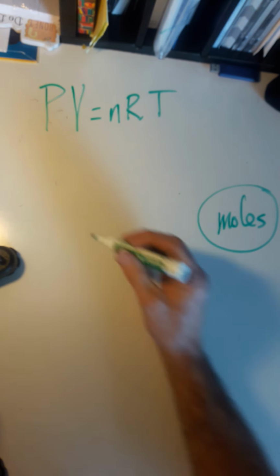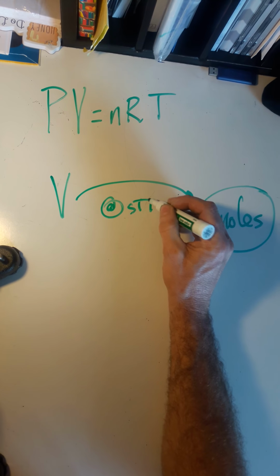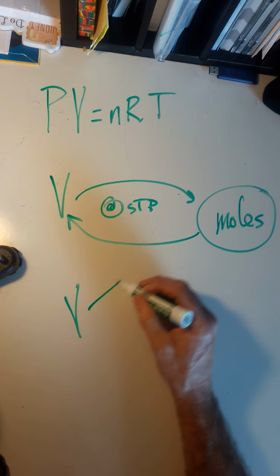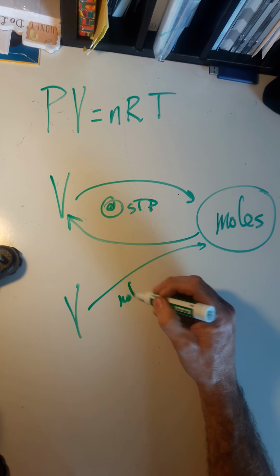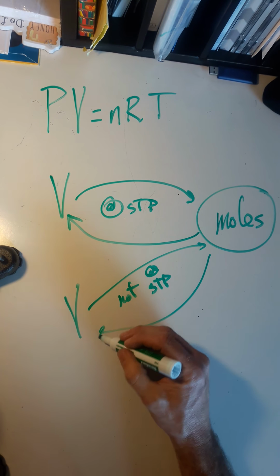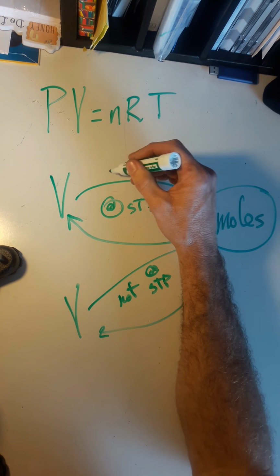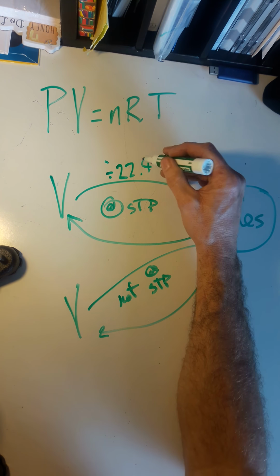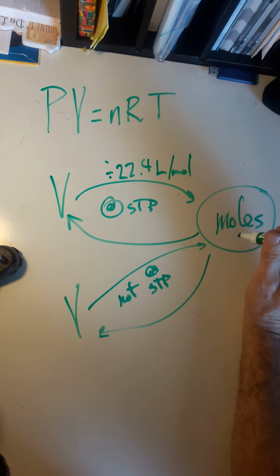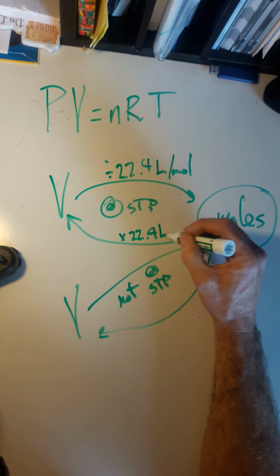We have two volume conversions: volume at STP, standard temperature and pressure, and another volume that is not at STP. If it's at STP, we use our standard volume. Whatever your volume is, you divide by 22.4 liters per mole, so it cancels and gives you moles. If you have moles, you multiply by that. It's on your mole map.